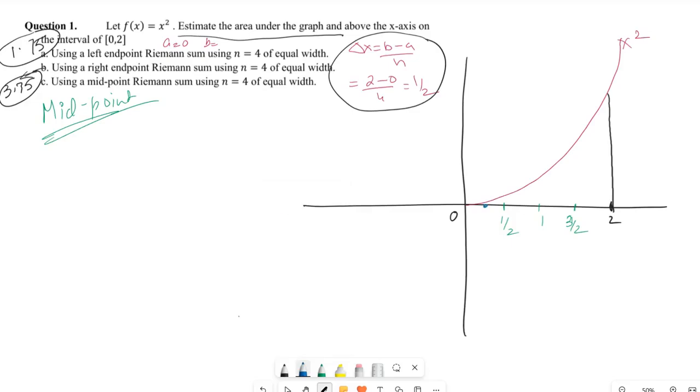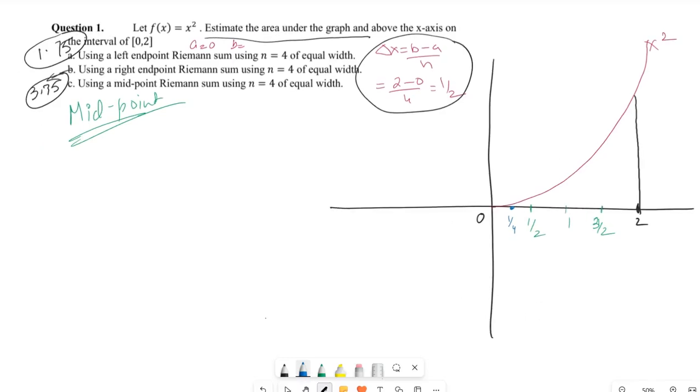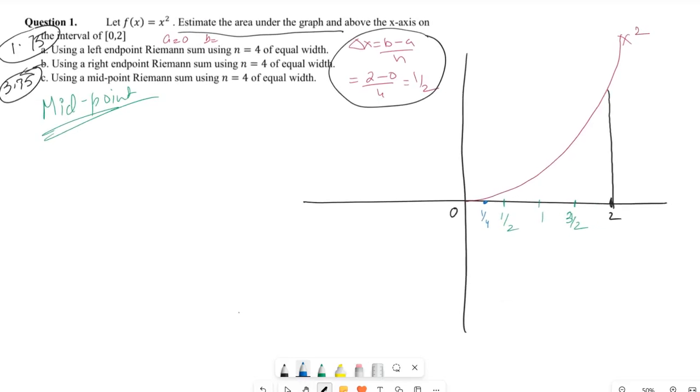So the midpoint between 0 and half will be 1 by 4. The midpoint from half to 1 would be 3 by 4. The midpoint here would be 5 by 4, and the midpoint here would be 7 by 4.